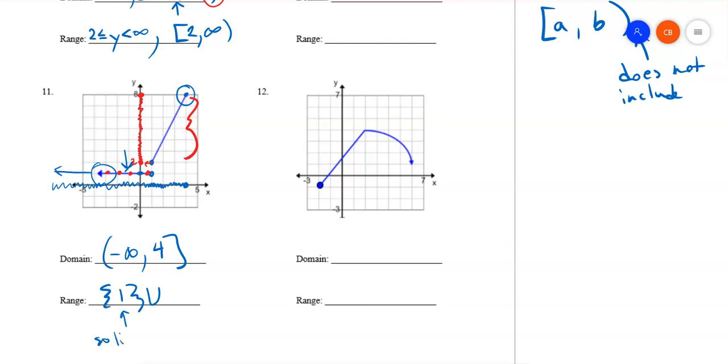The solitary value goes inside the curly braces. And then the union means that we just want to attach that set to the interval. We will attach it to the interval that goes from 2, and it includes 2 because 2 is there, 2 up until 8. And that's the range for this one.